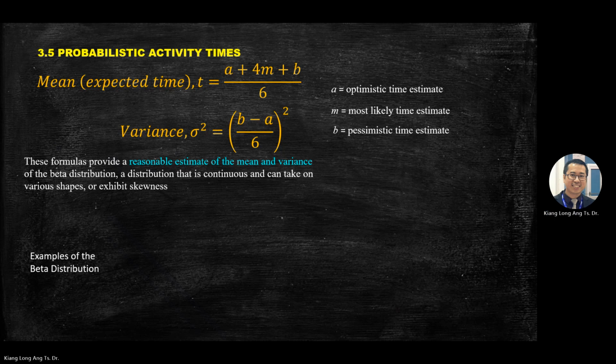This side and this side is optimistic, and this is pessimistic. I need to check. I think this one is pessimistic, and this is optimistic.